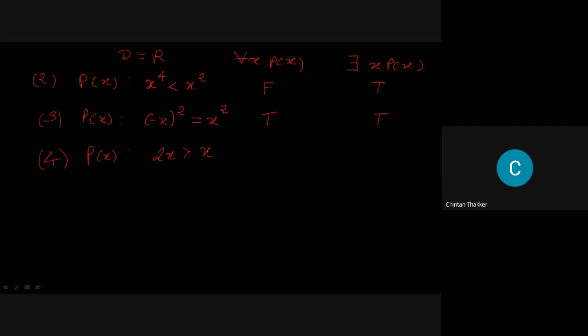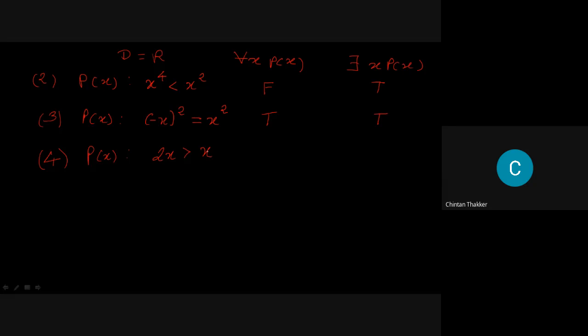So here 2x is greater than x. For all x P(x), you have to find the counterexample.